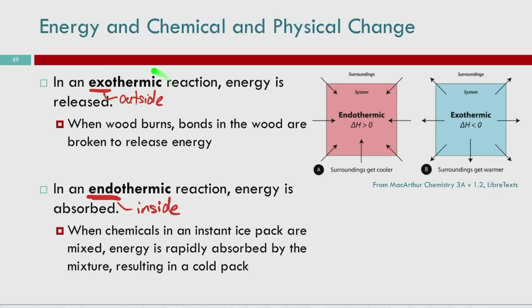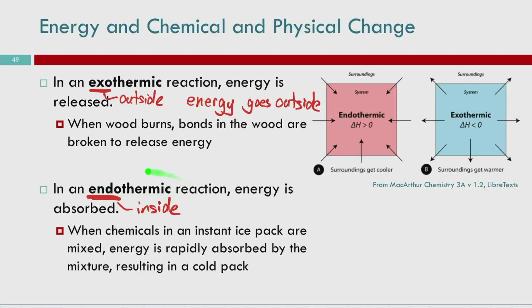In an exothermic reaction, energy is released. Energy goes outside. So for example, when wood burns, bonds in the wood are broken, and those release energy. There's heat that's emitted from an exothermic reaction.